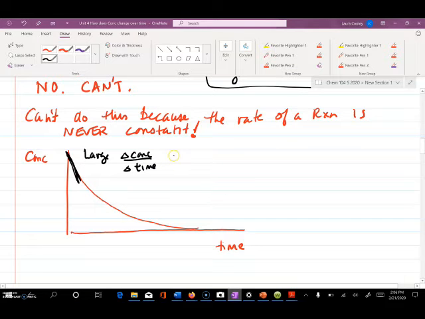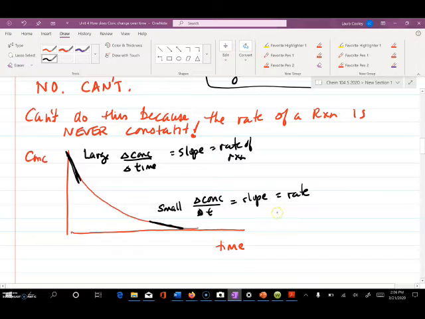So this is a large slope, and the slope, remember, is the rate of reaction. And here, you have a very small change in concentration with time, which is the slope, so you have a smaller rate. As I said, reactions start fast and they end slow.